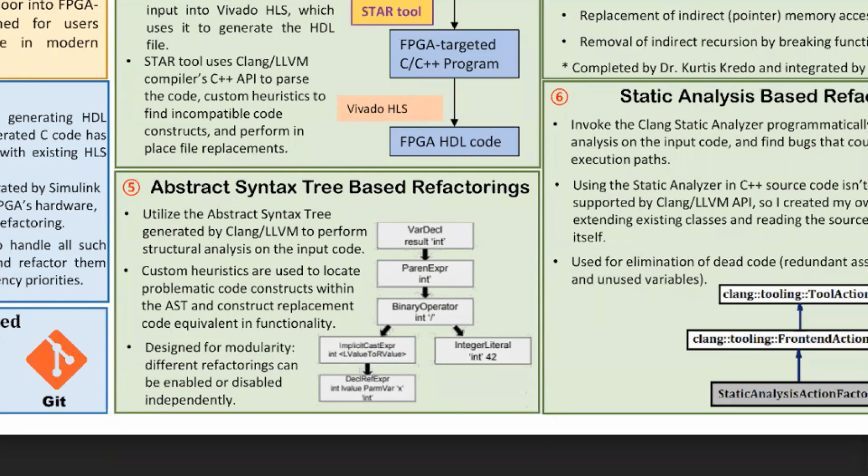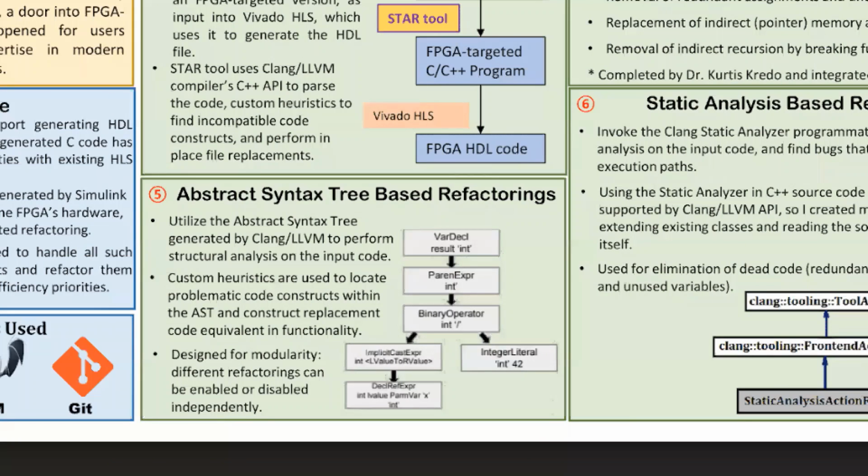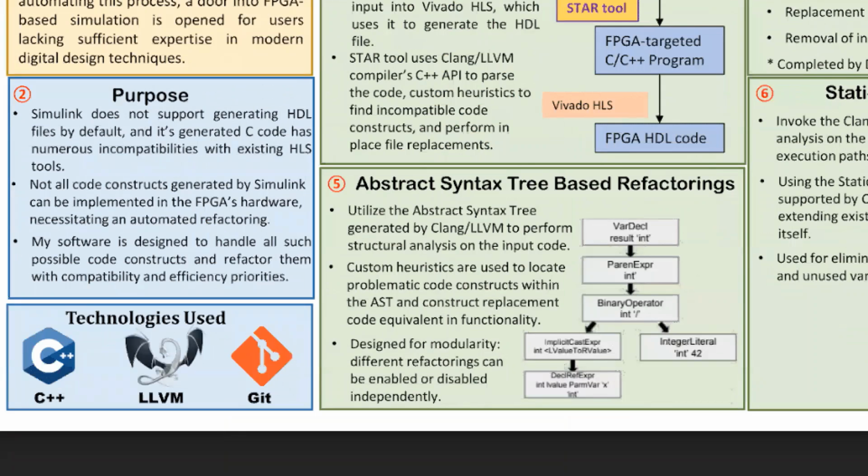Yeah, and these abstract syntax tree based refactorings are designed for modularity. In the actual C++ code of the star application, I've designed them so that each AST-based refactoring is its own module, so that they fit together like that, and different refactorings can be enabled or disabled independently.